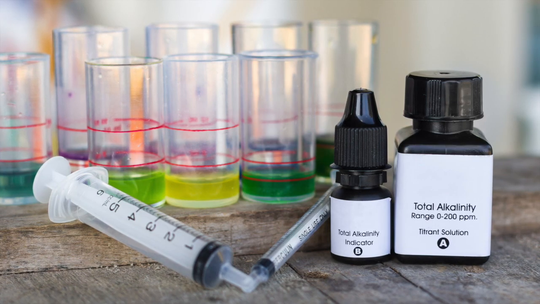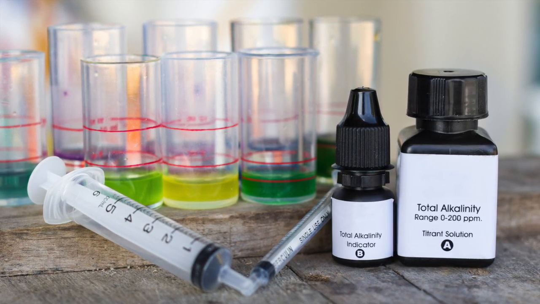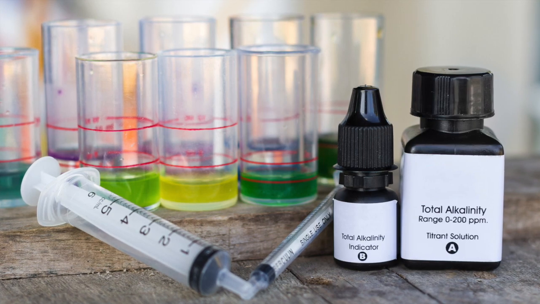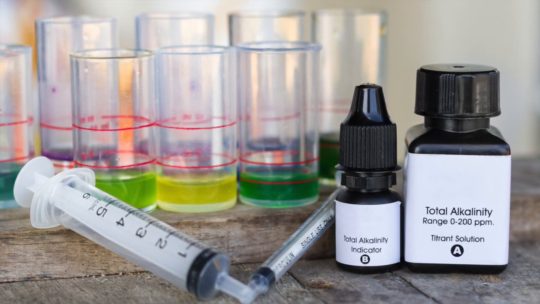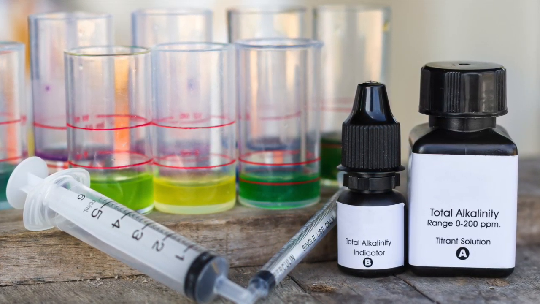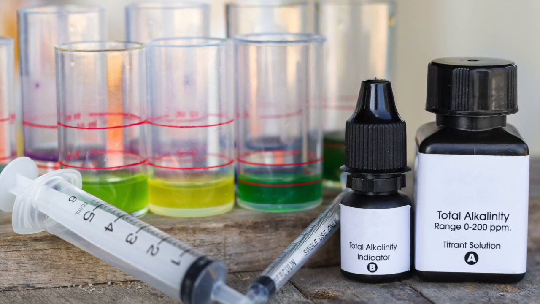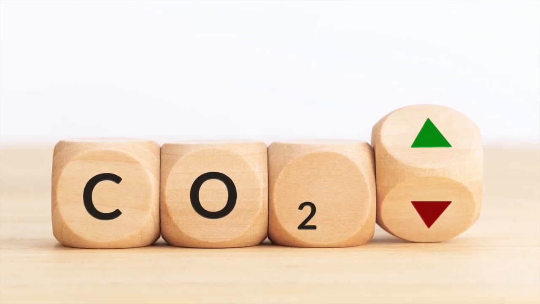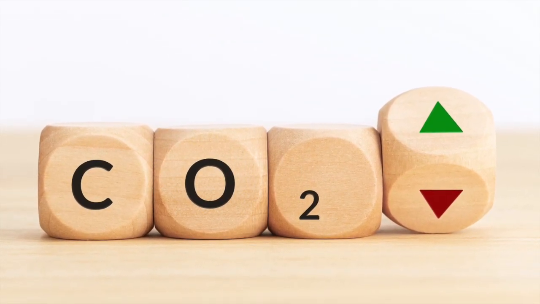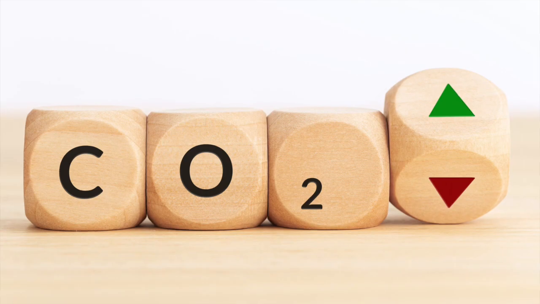Alkalinity measures the buffering capacity of culture water in terms of parts per million calcium, expressed as ppm calcium. It refers to carbonate or bicarbonate ions dissolved in water. As carbon dioxide levels fluctuate, pH levels will shift accordingly.